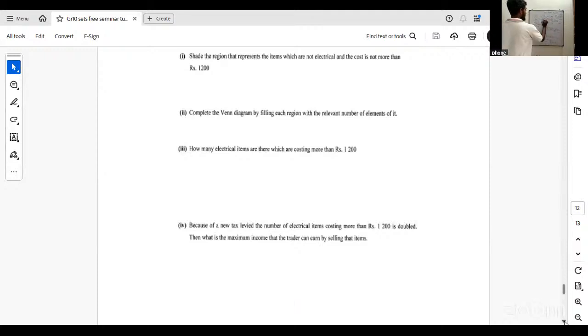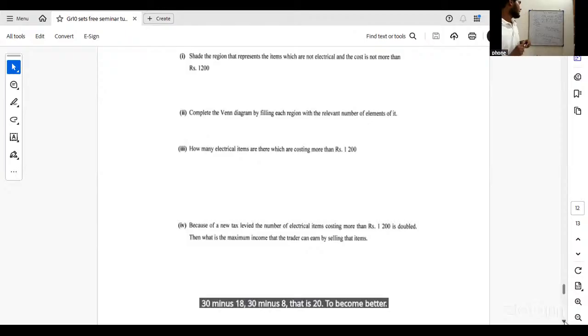Then how much is 22 minus 6? 22 minus 10. Then 30 minus 6 means 30 minus 10. That is 20. So we found that also. Because of the new category, the number of electrical items costing more than 1,000 is double.